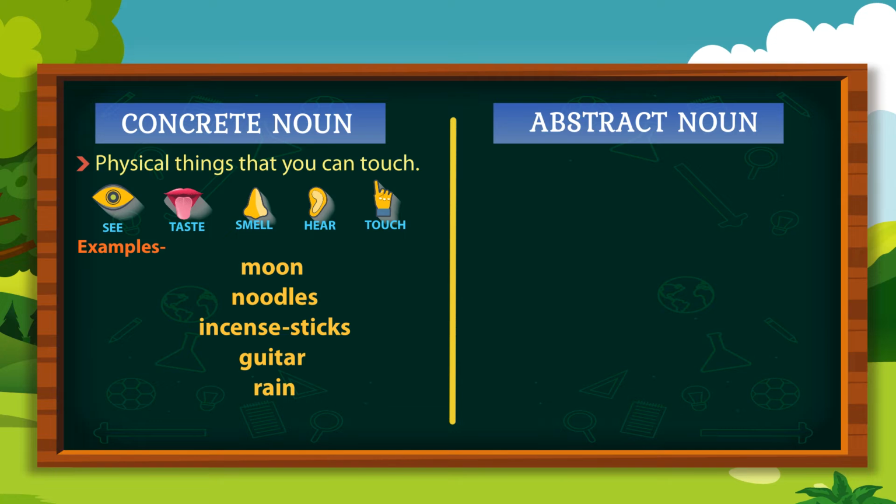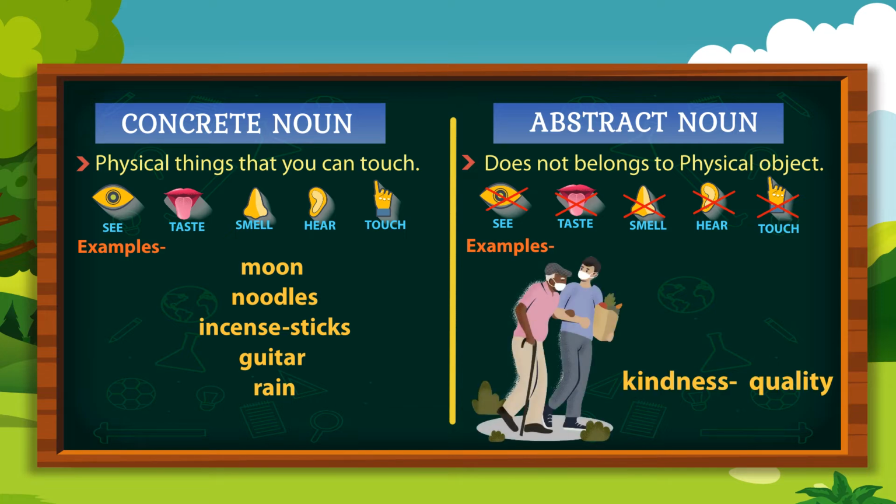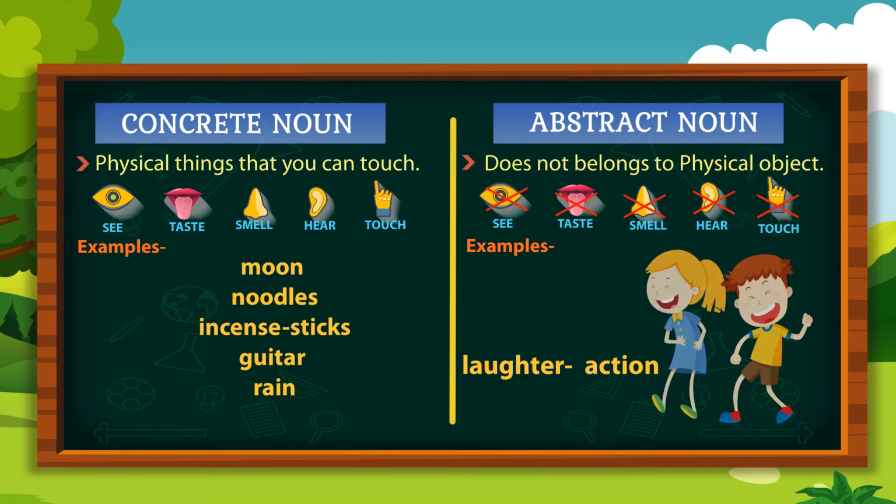Hope you are clear with concrete noun. Now let's look at another category of noun, that is abstract noun. An abstract noun does not belong to a physical object. It means we cannot feel it by our five senses. For example, kindness is a quality. Laughter is an action.